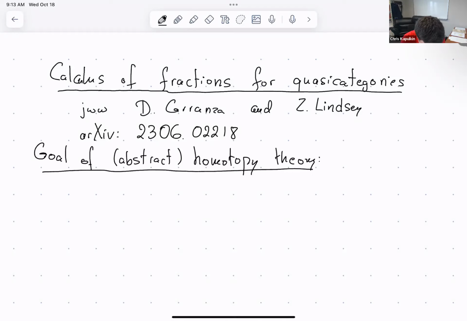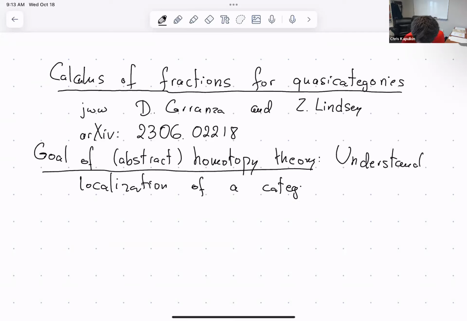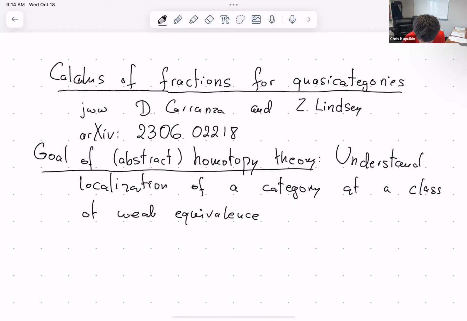So as far as I can tell, the goal of that is to understand the localization of a category at the class of weak equivalences. Okay, so what does that really mean? Well, you have some category, you have some class of maps in it that you want to think of as isomorphisms, but they are not isomorphisms. You want to formally invert them.